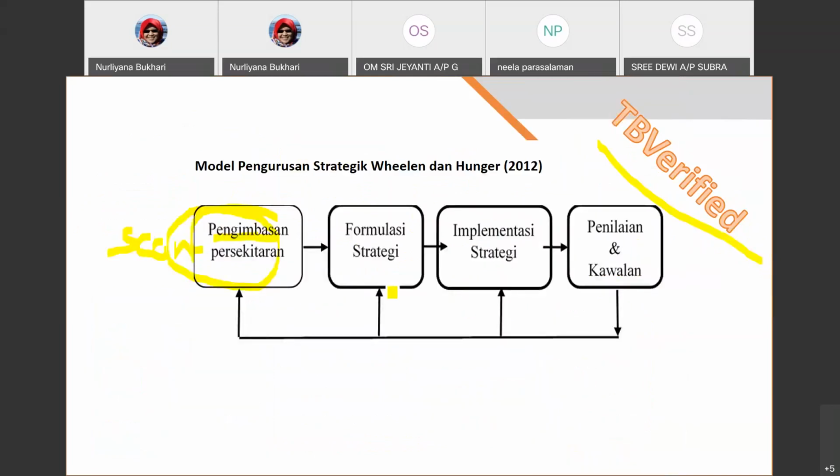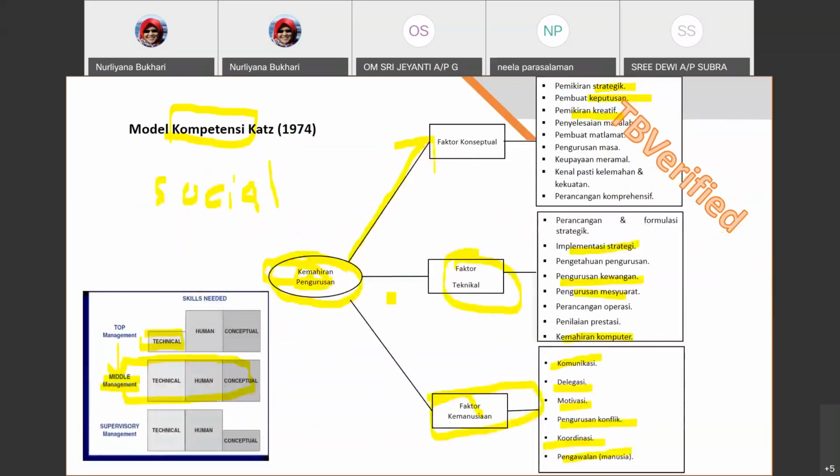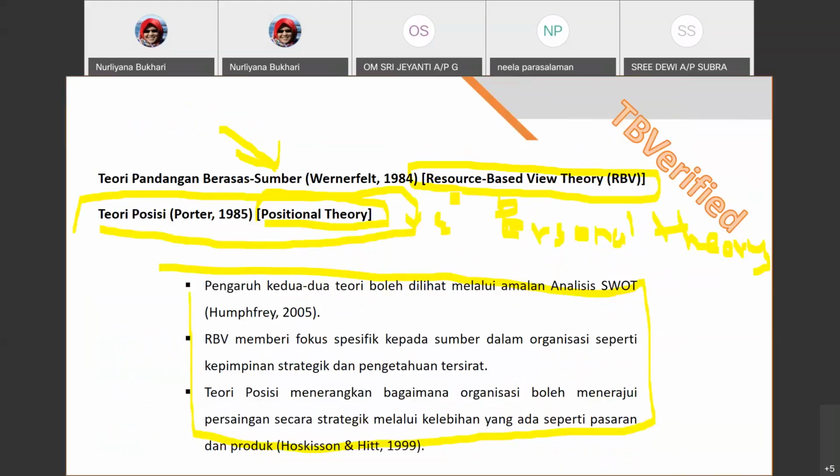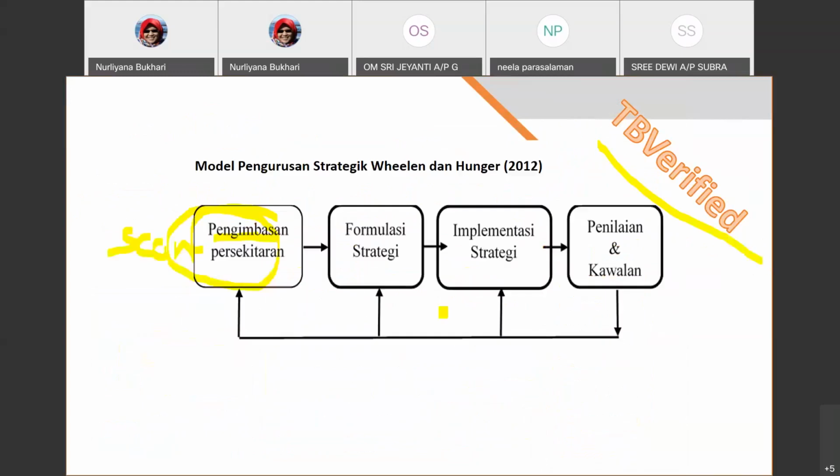Then later he married everything, from CATS to this RBV and position theory, how things are related to each other, how these theories are integrated. Remember the learning theories, how things are integrated? We cannot look at them as separate entities, especially when you use them in your research, because these theories should work together.